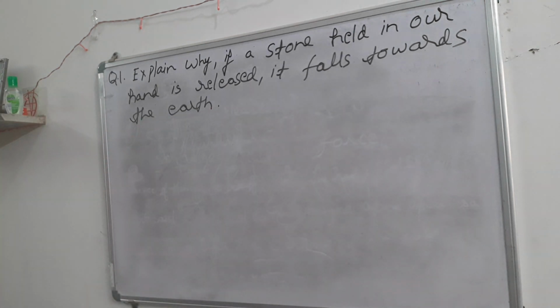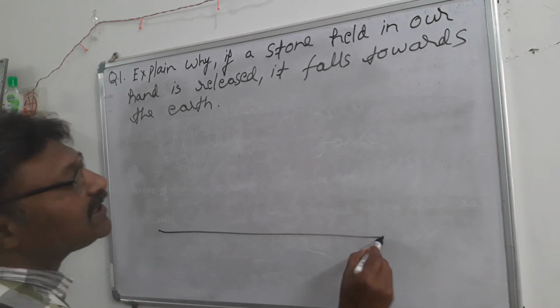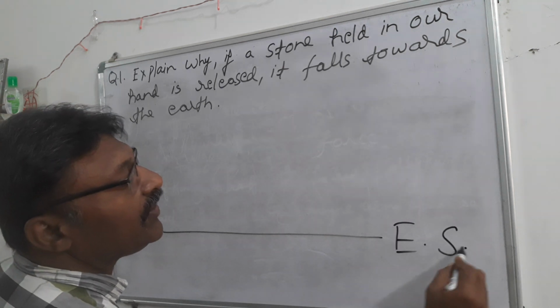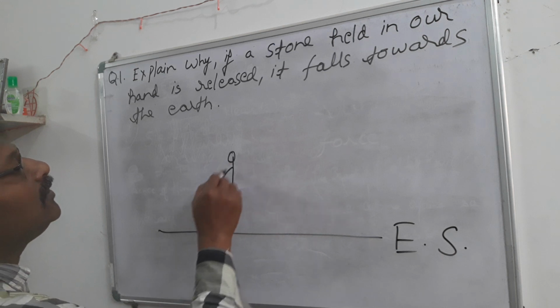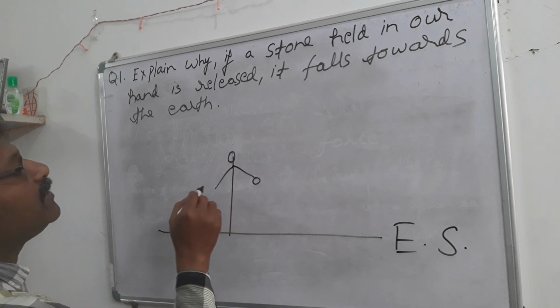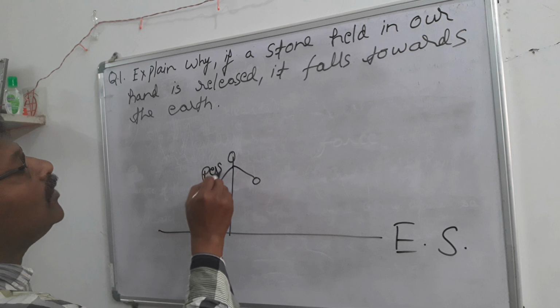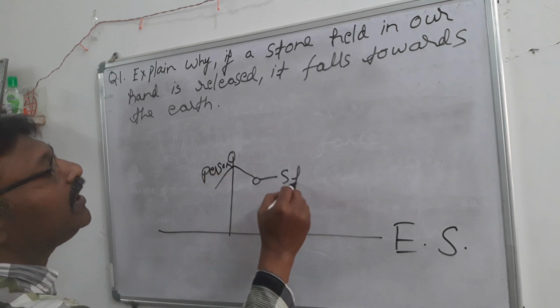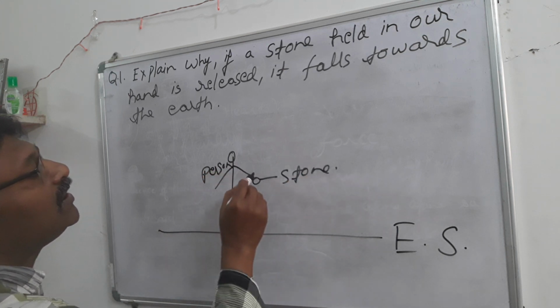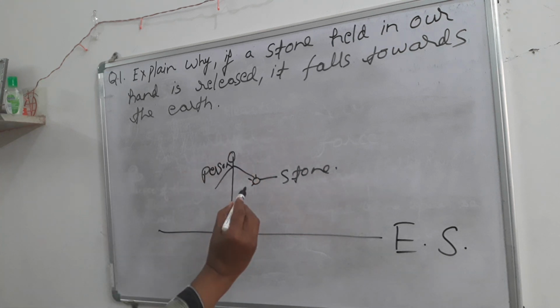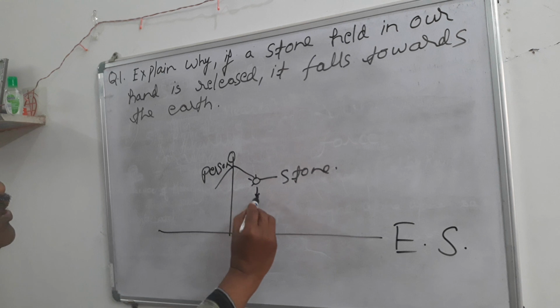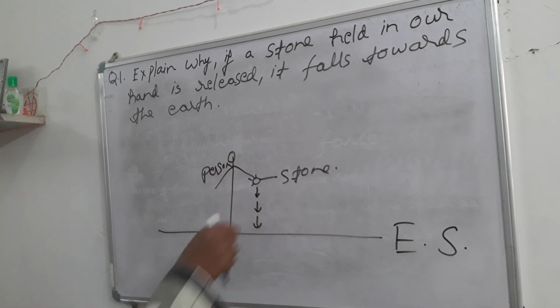Suppose this is the earth surface and a person is holding a stone in his hand. Now suppose if he releases the stone, it will fall towards the earth. The stone will always fall towards the earth. Why is it so?